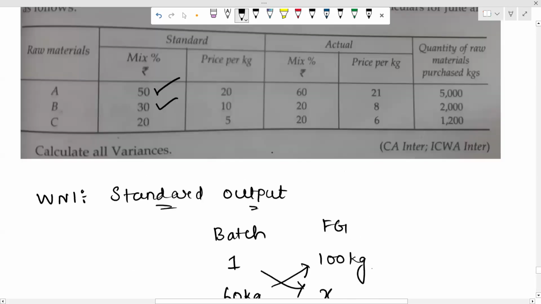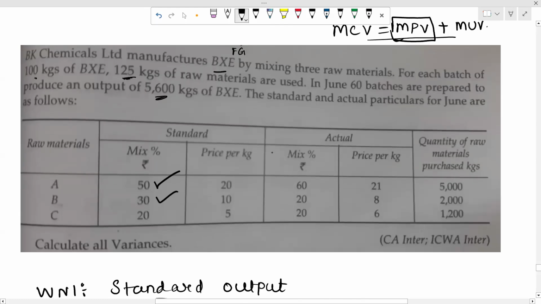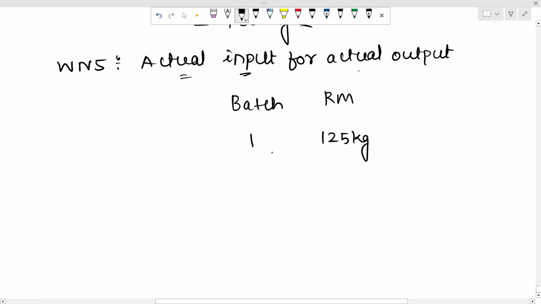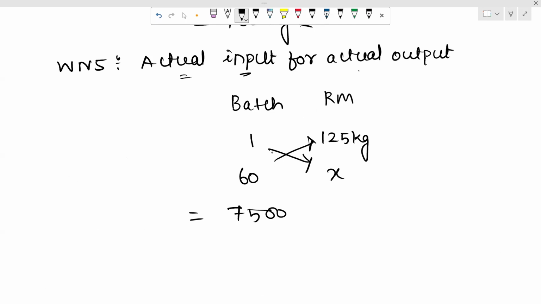And in the month of June, actually 60 batches are prepared, right? So for one batch, if you are using 125 kg of raw material, then for 60 batches, how many kg of raw material we have actually used? So 60 into 125, we get 7,500 kg of raw material.